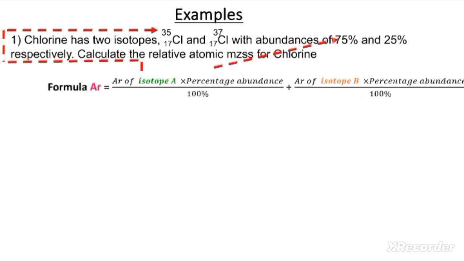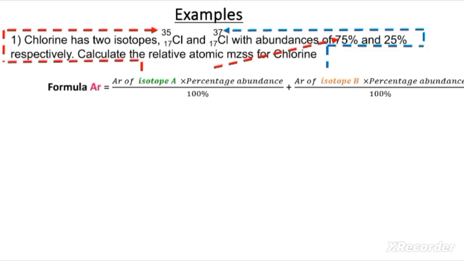Then the atomic mass of isotope B is, let me point so that we can see. So the atomic mass of B is 37.